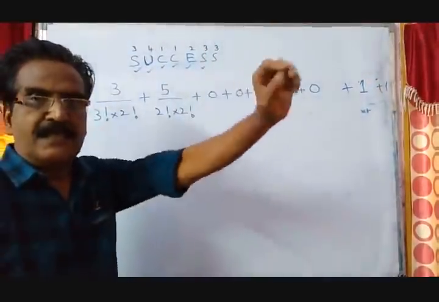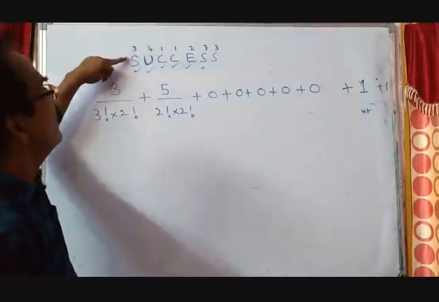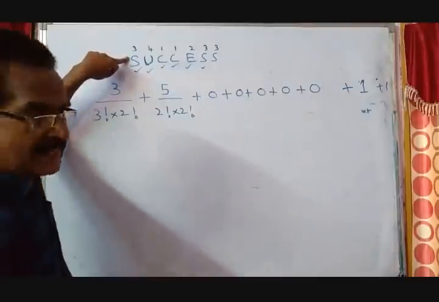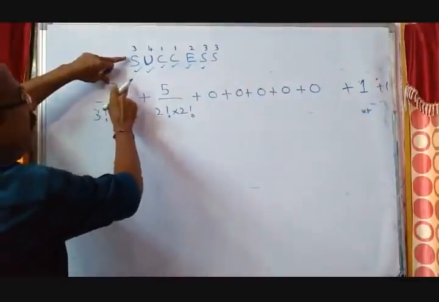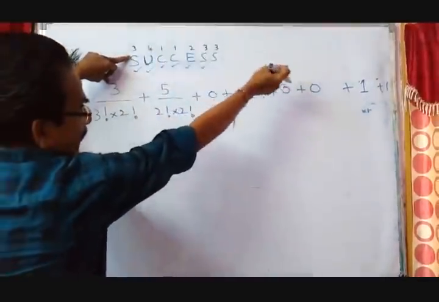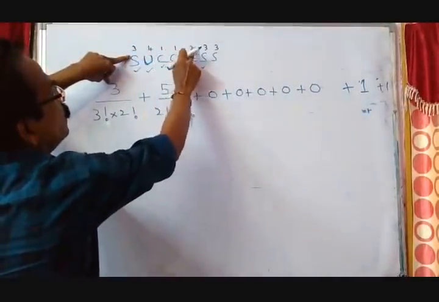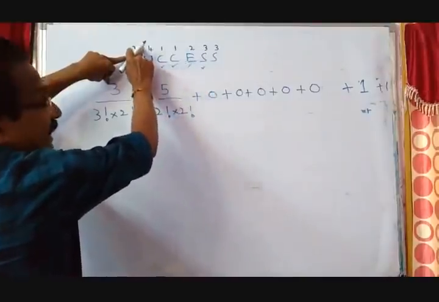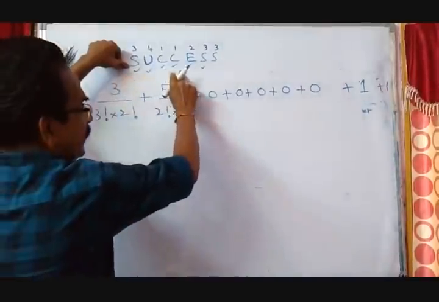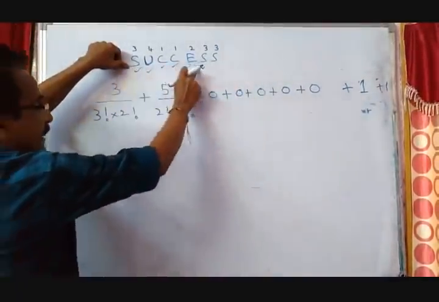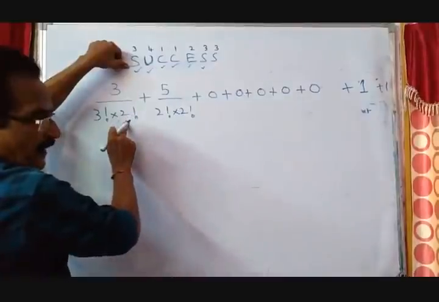Friends, shall I repeat? See friends, watch carefully, attentively. First let us consider S. What is the numerator? How many letters are there to the right of S lower than the rank 3? 1, 2, 3. 3 letters are there. 3 by, including S, how many letters are repeated to the right of S? 3 S's are there, so 3 factorial into 2 C's, 2 factorial.